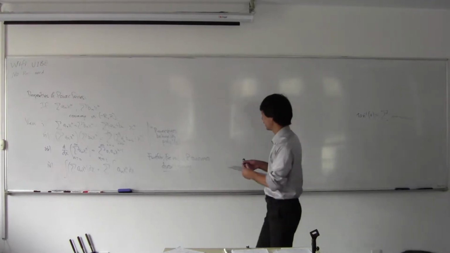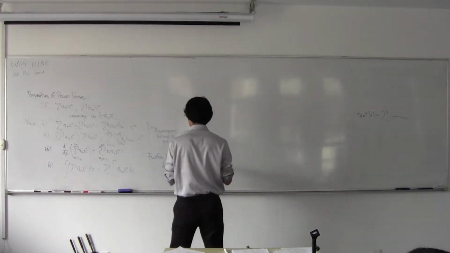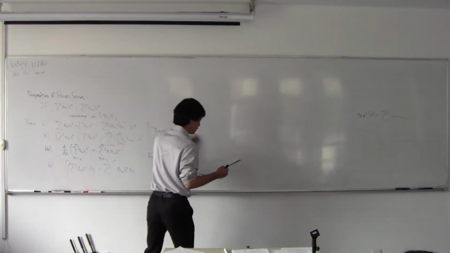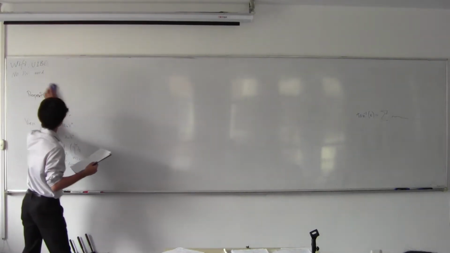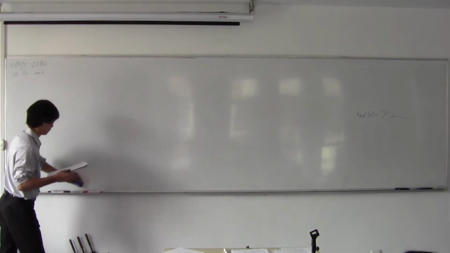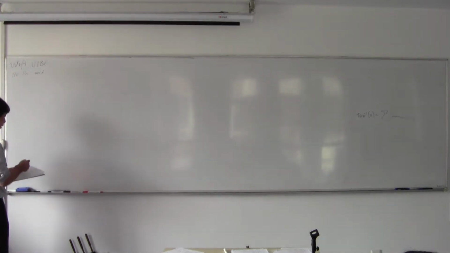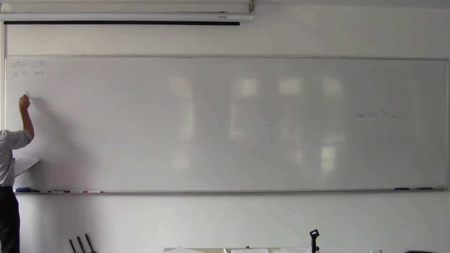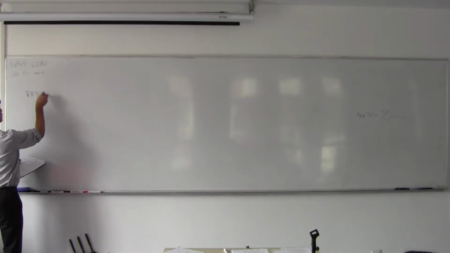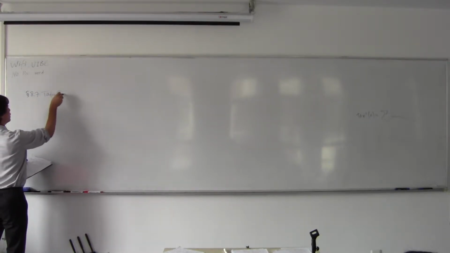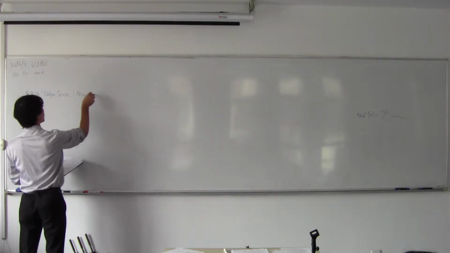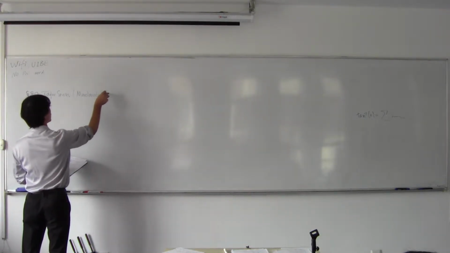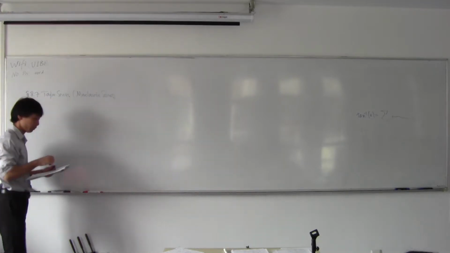Okay, and the topic is called Taylor series or Maclaurin series. This is actually 8.7. Taylor series, or also called Maclaurin series, depending on where you're doing it.